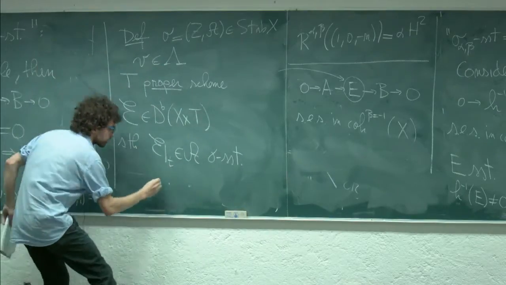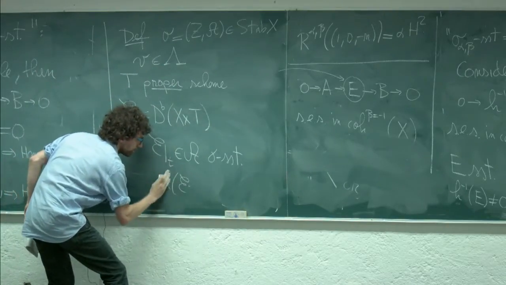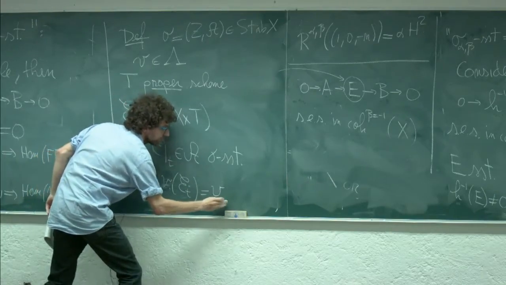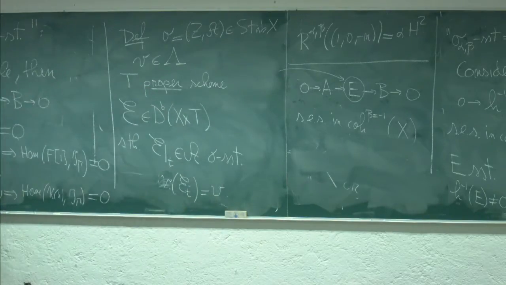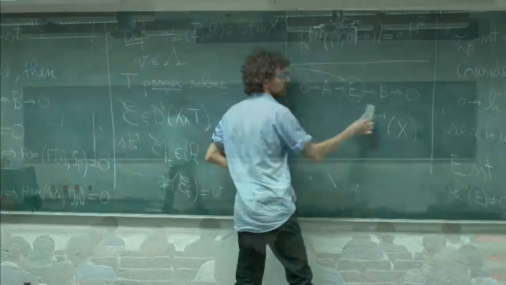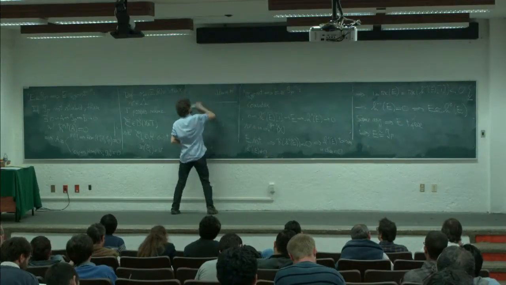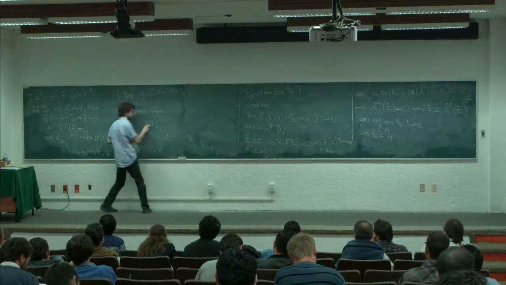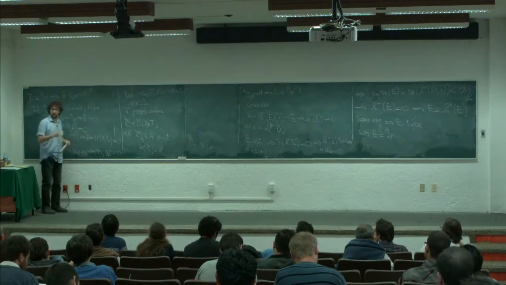And I'm also assuming that the Chern character, or better, the v of E_t is just my fixed v. So it's a family of semi-stable sheaves parameterized by a scheme T. And now I can define a divisor class on this. Of course, I will want to apply this theorem, this lemma actually, in the case in which T is the Hilbert scheme.